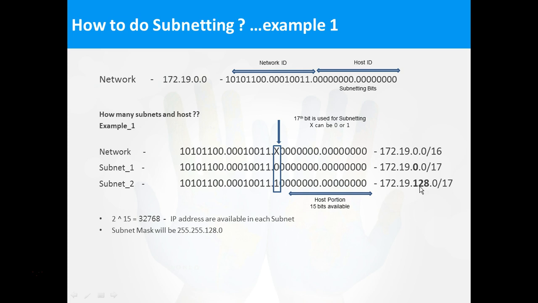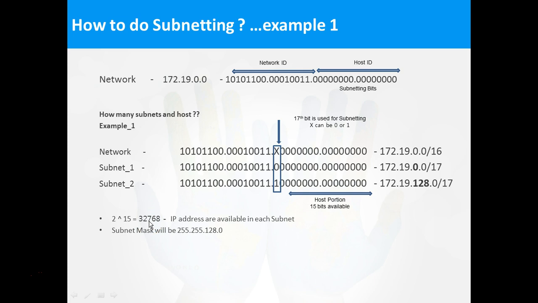So you have the remaining 15 bits, from this 0 to this 0, for the host portion, for your computers or devices. In each subnet you can have 2 to the power 15, which is around 32,000 IP addresses.